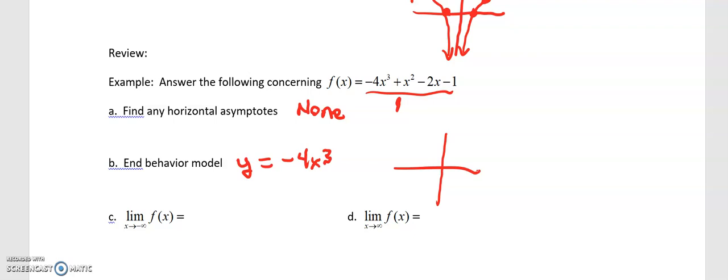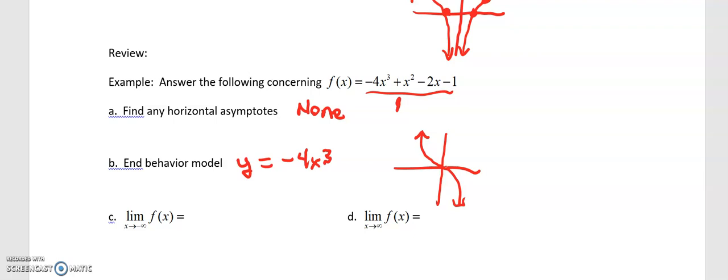So this graph does something like this. That's just the graph of y equals negative 4x cubed. Certainly the graph of negative 4x cubed plus x squared minus 2x minus 1 in the middle may have some mins and maxes and some turning points.